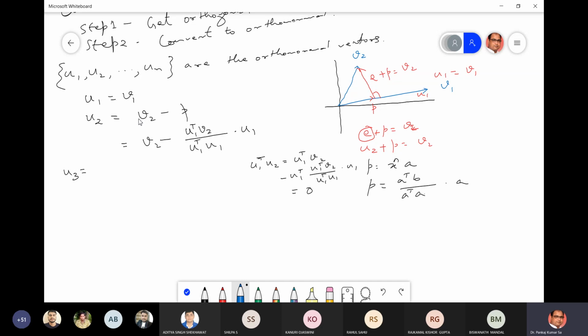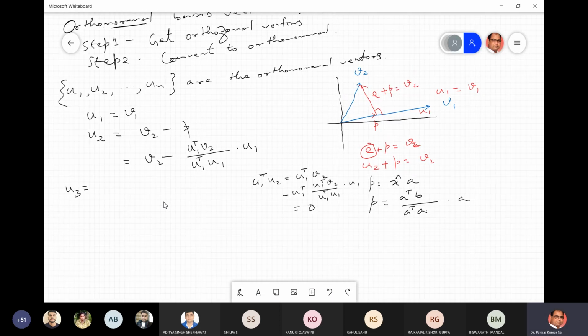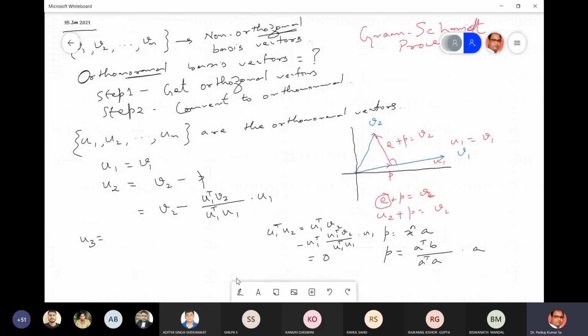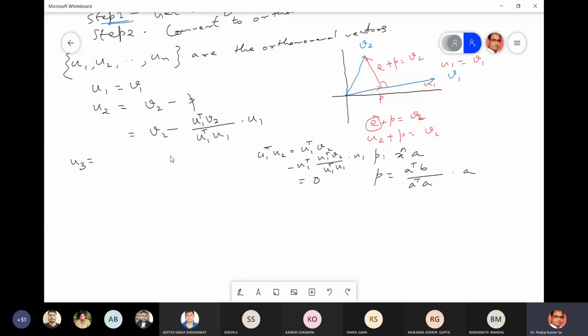We are taking the second vector, assuming the first vector is part of the orthogonal set. It's not yet orthonormal. This is still orthogonal. We are still in step 1, we haven't gone to step 2. So let us first complete step 1.